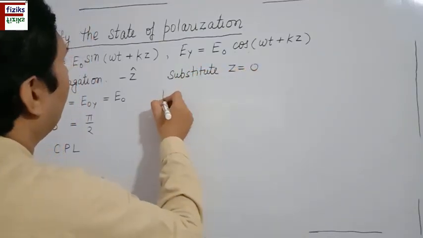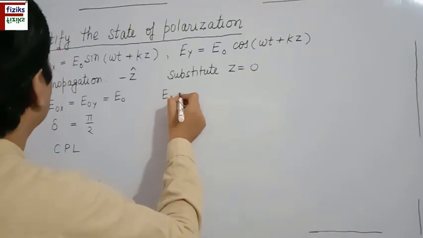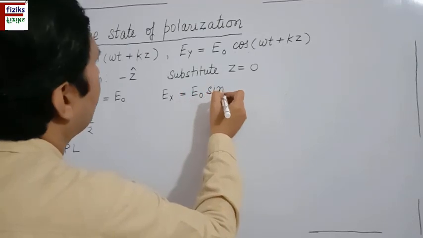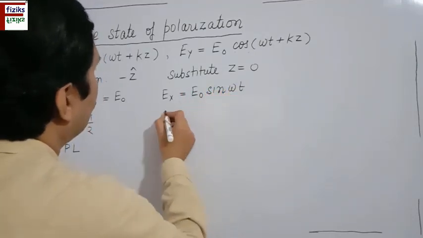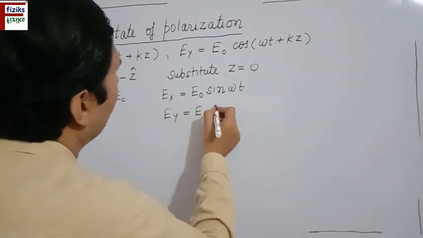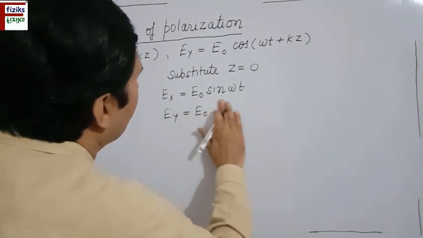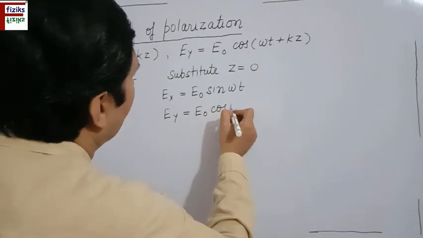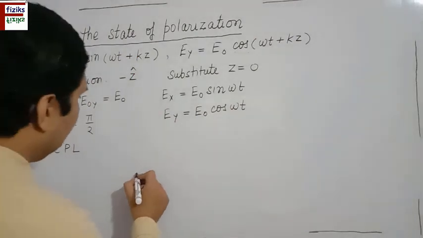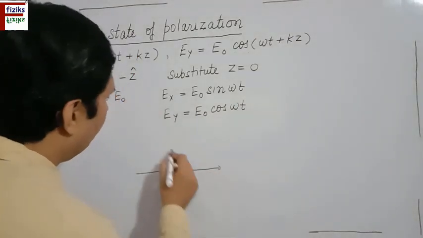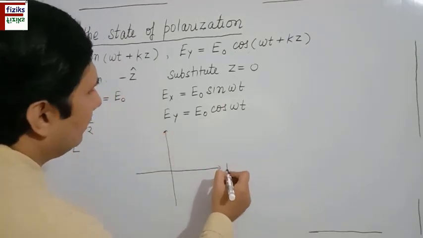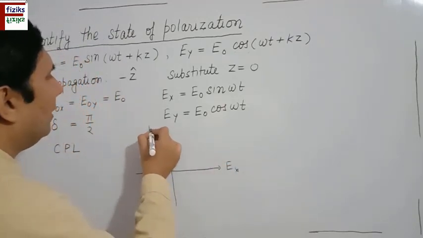So this will become Ex equal to E naught sin omega t, and Ey equal to E naught cos omega t. Now draw the Ex Ey plane. I am drawing two perpendicular axes: this is the Ex axis and this is the Ey axis.